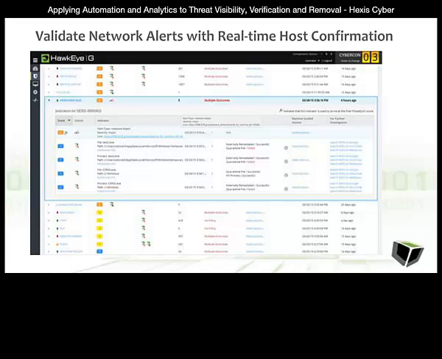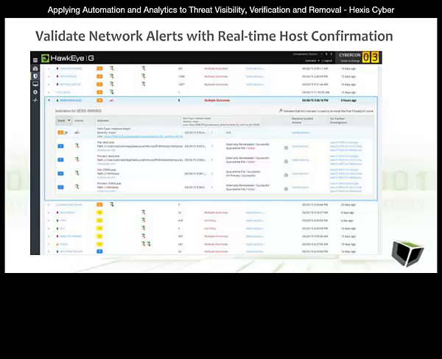In this case, we got the sandbox alert from FireEye. We correlated with the endpoint sensor, and we found that 4 of the malware objects were resident on that endpoint. With automation, we automatically kill those processes and quarantine those files. And you can see that now it's moved down to a blue score of 1, which is a remediated indicator.